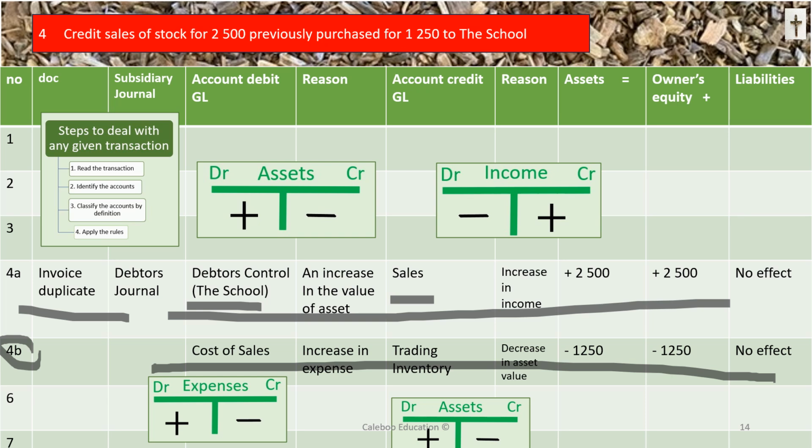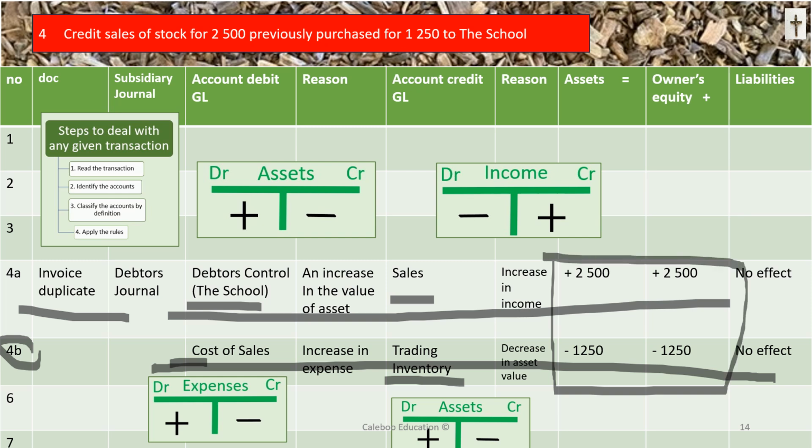The second part, debit cost of sales, increase in expense. Credit trading inventory, decrease in the value of the asset. And there's the effect on the accounting equation. Important transaction, a sale of stock, because there are two parts to it.